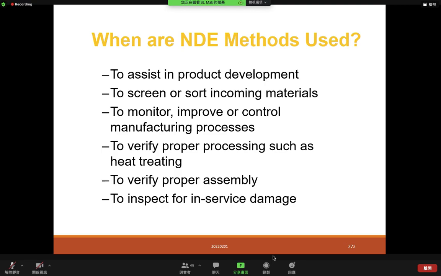It is part of the manufacturing process. After the soldering process, to check any dislocations, to verify proper processing such as heat treatment, to verify proper assembly, and to inspect for in-service damage.